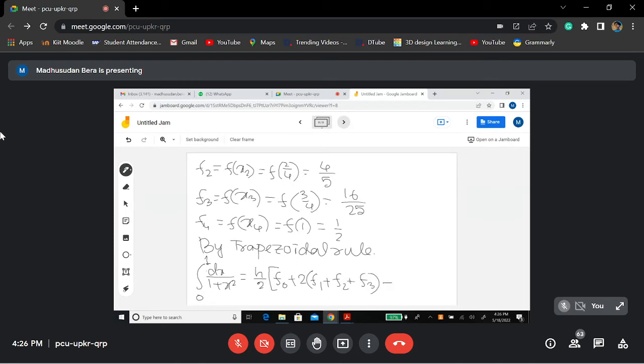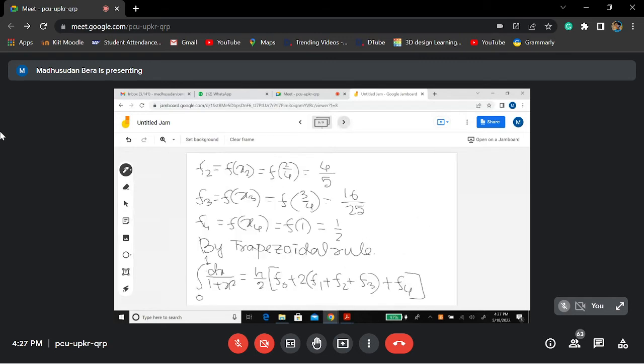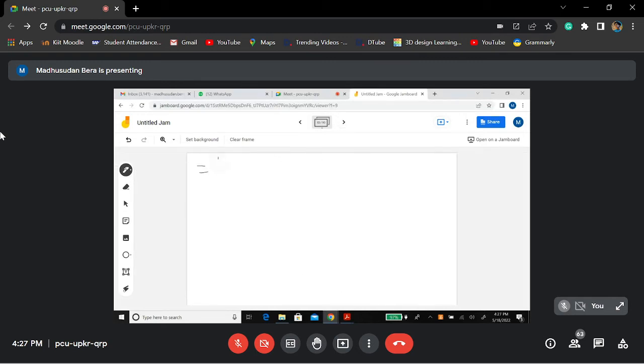First and last occur only once, the remaining occur 2 times. This is the formula. What is h value? h equal to 1 by 4. So 1 by 4 times 1 by 2, that is 1 by 8.